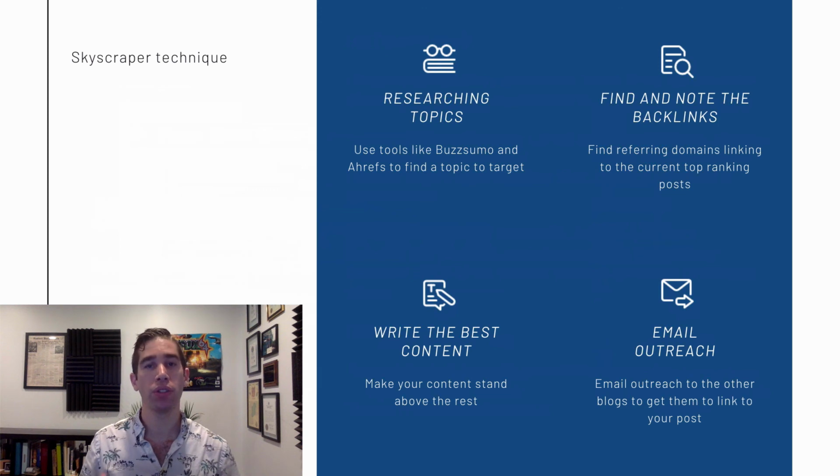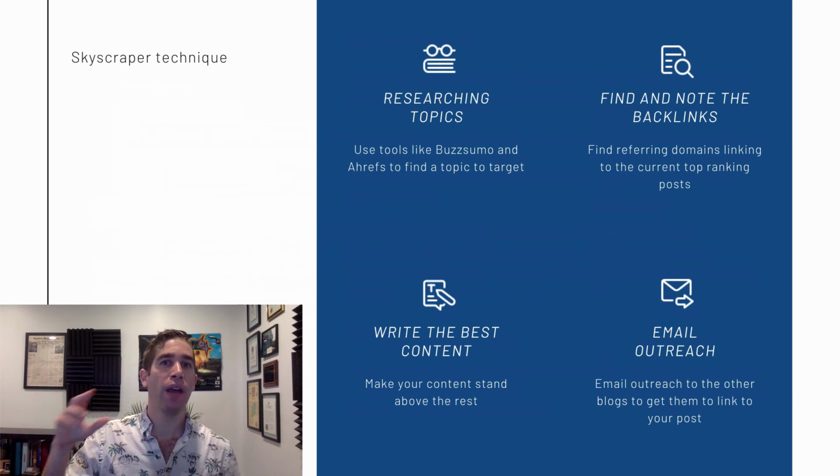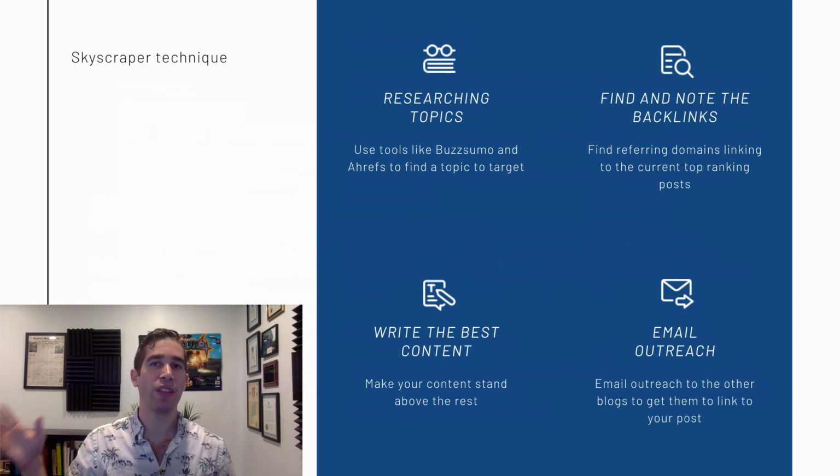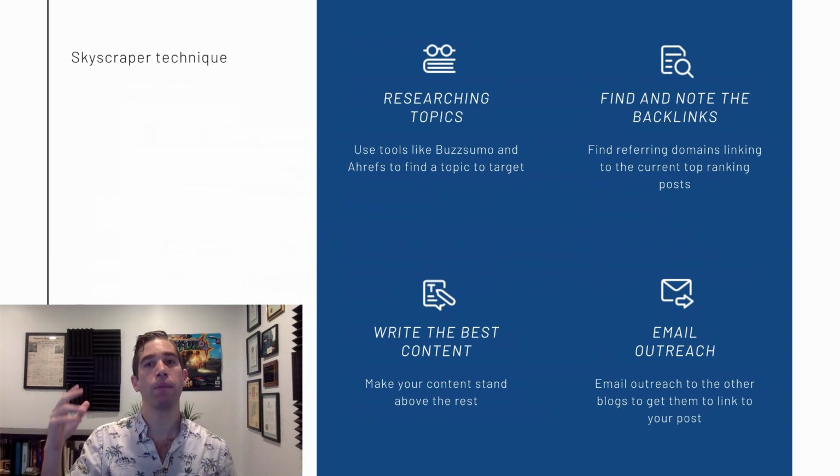So to recap all of this, first we have our topic research. We're using our tools, Ahrefs, SEMrush, BuzzSumo, to see what a top-ranked post is in a given subject matter. We're looking for a topic that has both backlinks and search volume, so that we can take down that post and reach out to the many websites that are linking to the top-ranked post and get them to switch their links over to us.